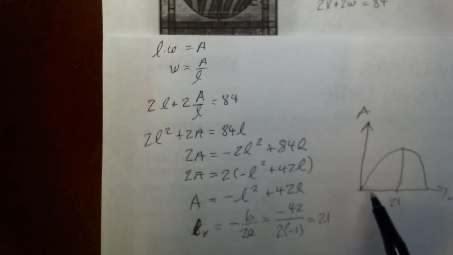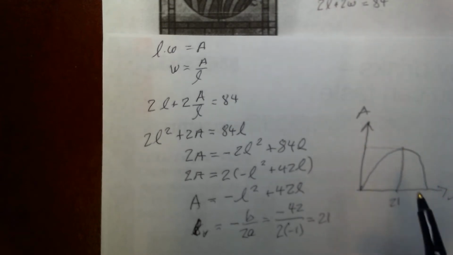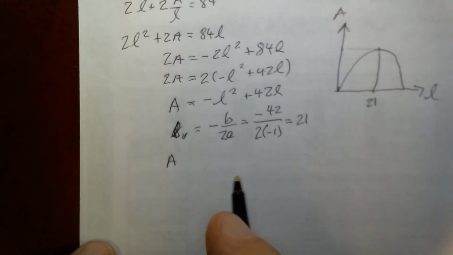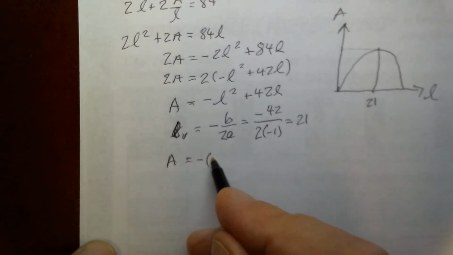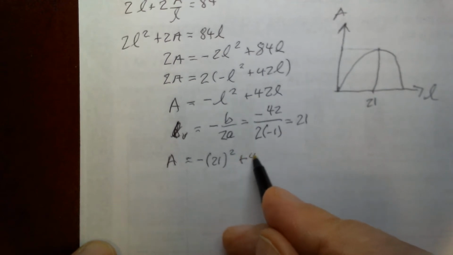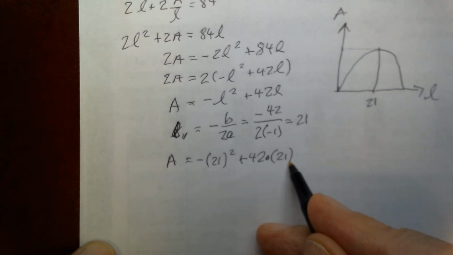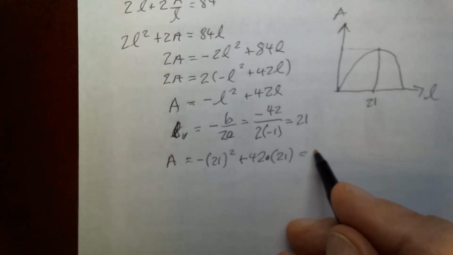When L is equal to 21, then A is equal to minus 21 squared plus 42 times 21, and that's equal to 441.